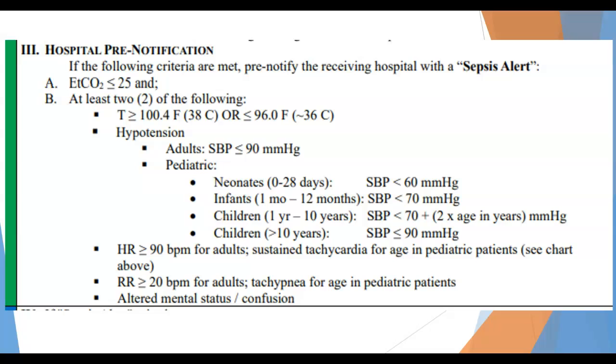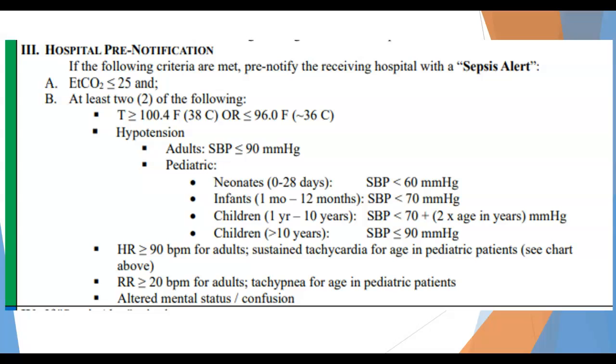Think back to that slide where we broke down what happens to the body when they have the systemic reaction that triggers everywhere in the body. These vital signs are a result of that. And that should cue us into, we need to be aggressive and we need to really make sure that we are throwing everything we can at this patient to do the right thing for them.